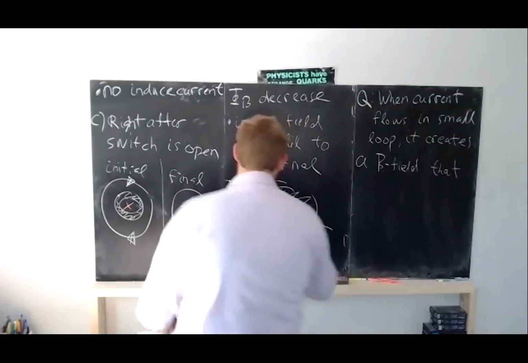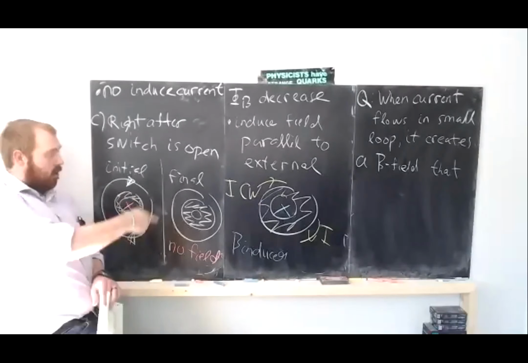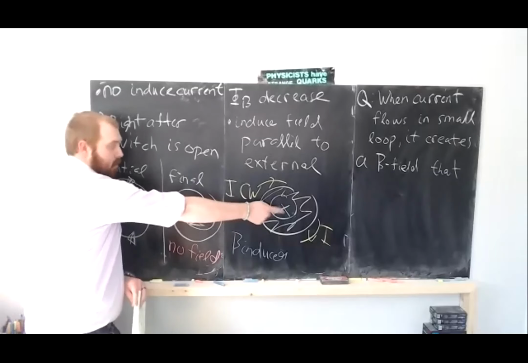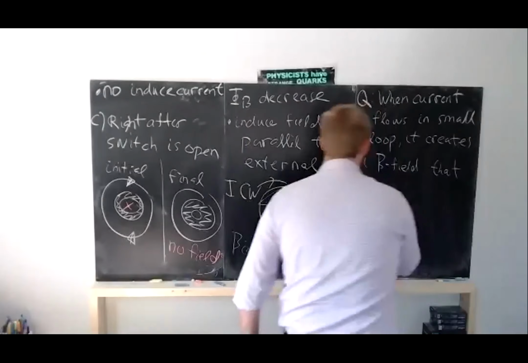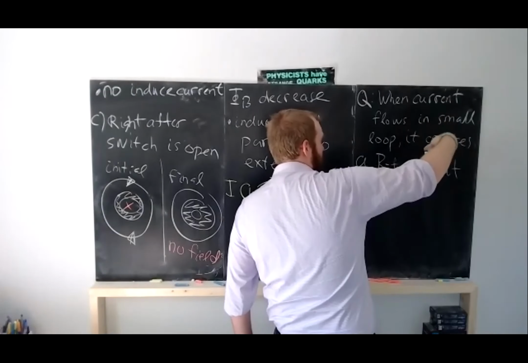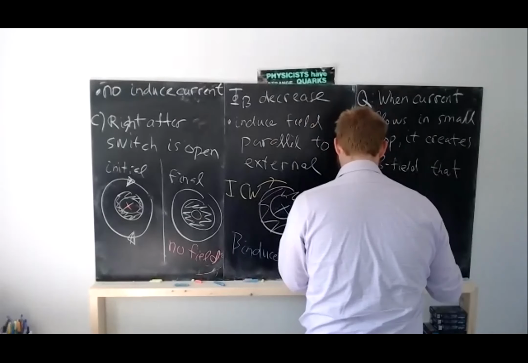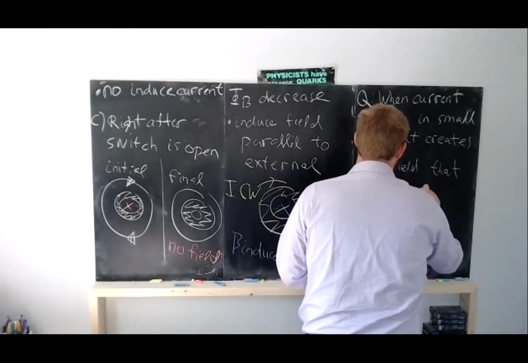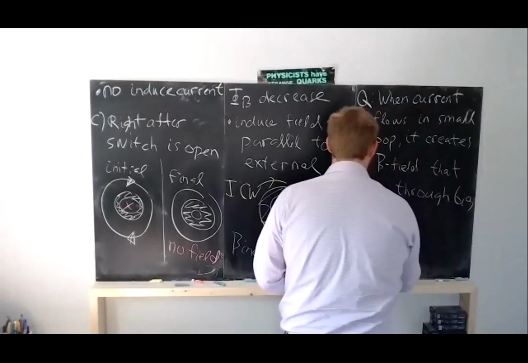And look, there's a magnetic field going through the nice big loop. So that big loop sees magnetic flux from the smaller loop. The little loop creates its own magnetic field, and that field fluxes through the big loop.